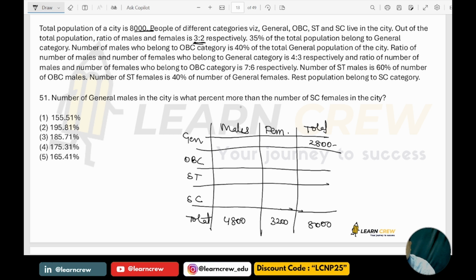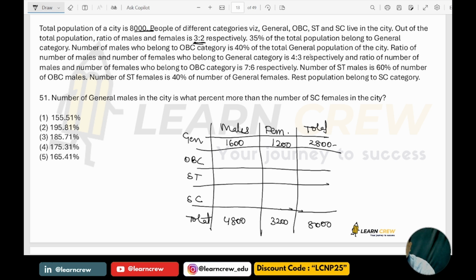Males to females in general is 4:3. 7 parts is 2,800, so each part is 400. 4 parts would be 1,600 and 3 parts would be 1,200.